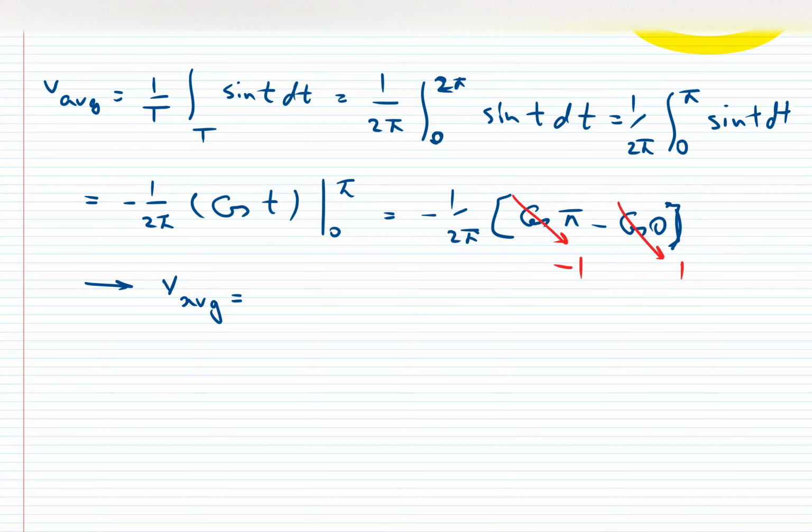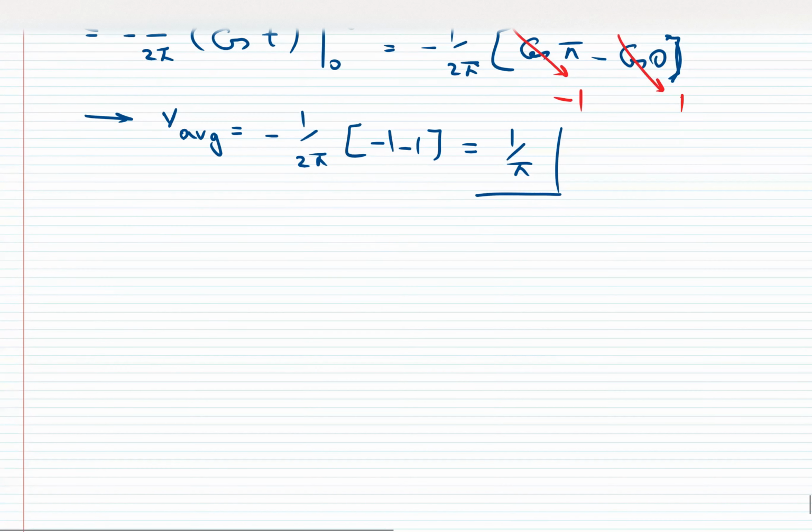So negative 1 minus 1 is negative 2. So the average is minus 1 over 2 pi times minus 2, which is equal to 1 over pi. So this one is the average.